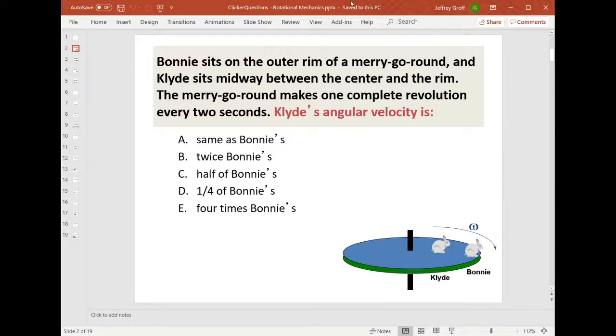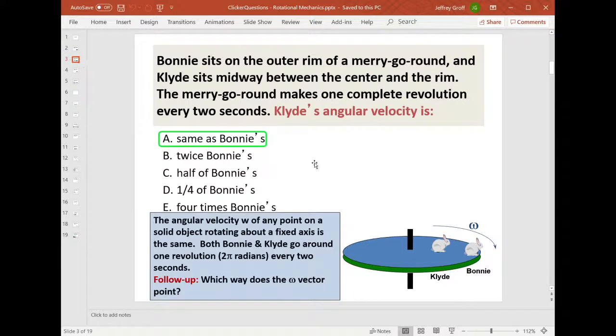So the angular velocity of a rigid, solid object doesn't depend on where you are on that object. All parts of a wheel rotate with the same number of radians per second, or revolutions per second. All right? So only half of you got that right, but that was your favorite answer. But let's go to the next question. The angular velocity omega of any point on a solid object rotating about a fixed axis is the same. Both Bonnie and Clyde go around 1 revolution every 2 seconds.